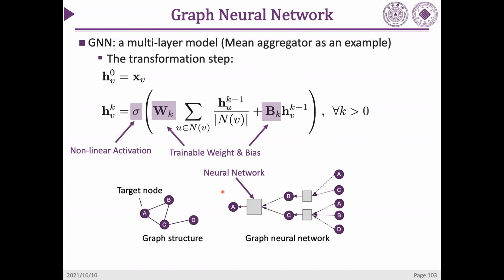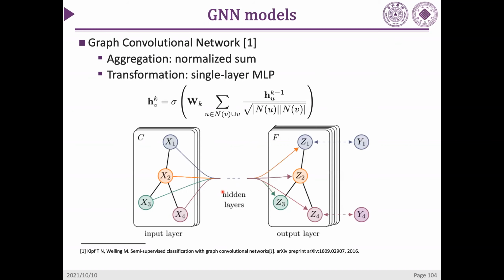The result becomes the new embeddings of the nodes of this layer, and so on and so forth. So we can clearly see that there are two procedures, or two main components.